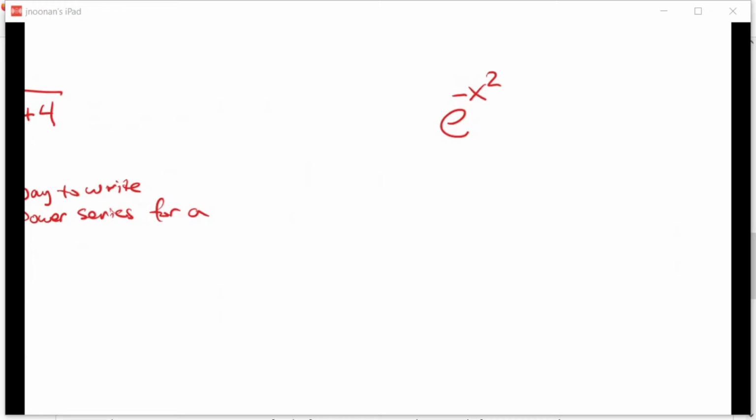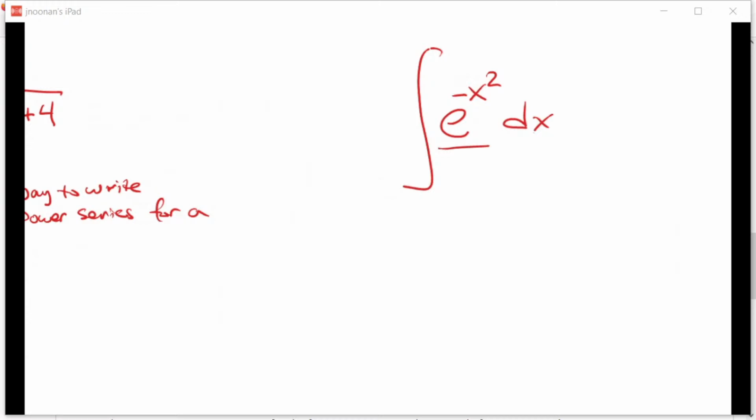And to do work with statistics, you have to be able to integrate this function. Unfortunately, though, this does not have an elementary antiderivative. There is no antiderivative for this. However, it does have a power series. And so one way to find the area underneath that curve is to use the power series.